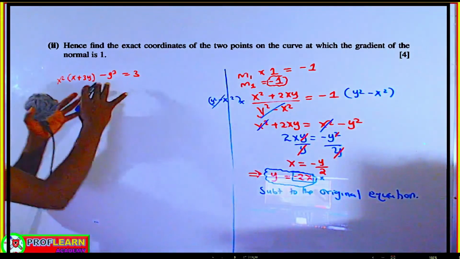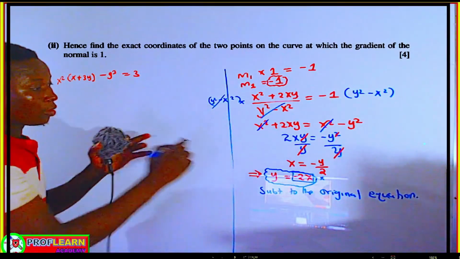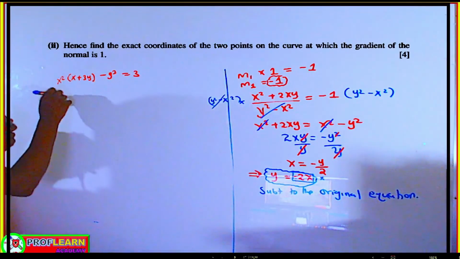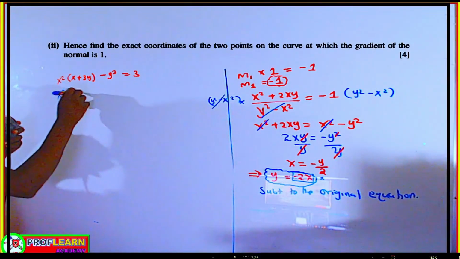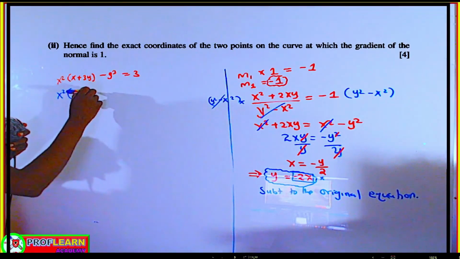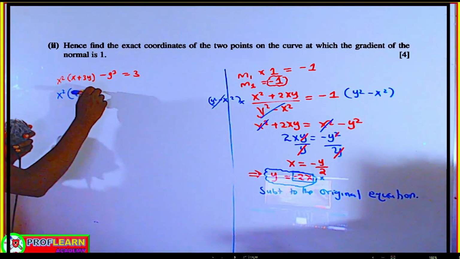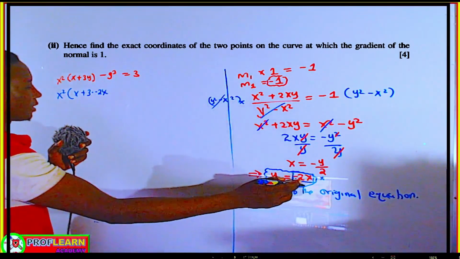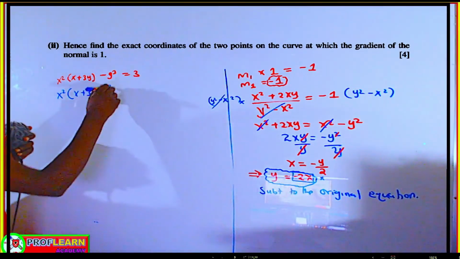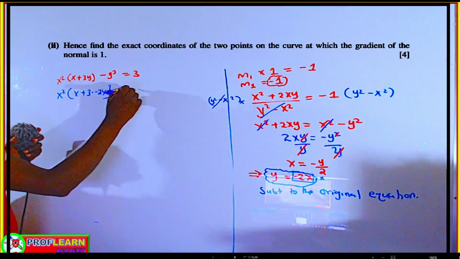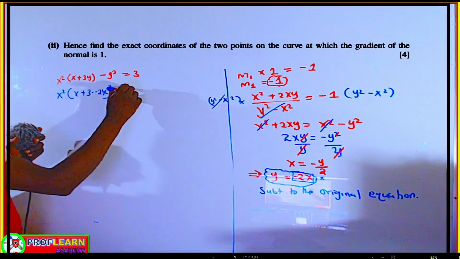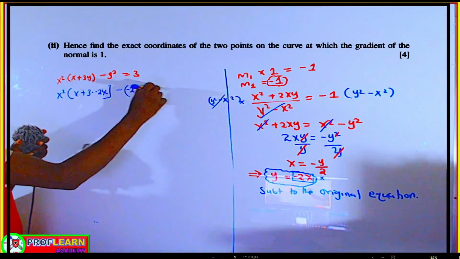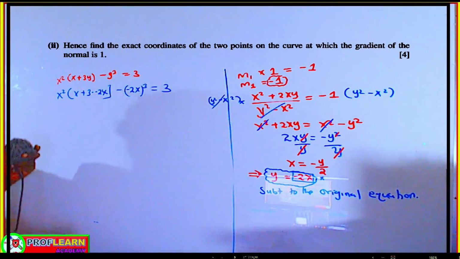So anywhere we have y, we are going to substitute this guy that we have here. So this is going to be x squared into x plus 3, but 3 is multiplied by -2x, because we have said y is -2x. We're going to multiply that, minus y cubed, but this is now -2x cubed, is going to give us 3.